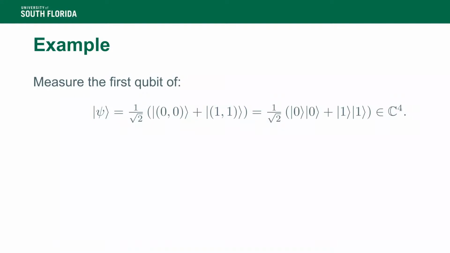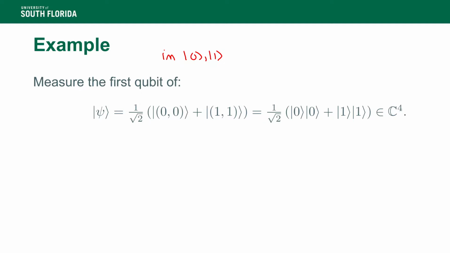So let's see what happens if I measure the first qubit, let's say in the basis 0, 1, so to simplify, what people sometimes call the standard basis or the computational basis. This is also the canonical basis of C2. So in this basis, we're going to measure the first qubit of psi.